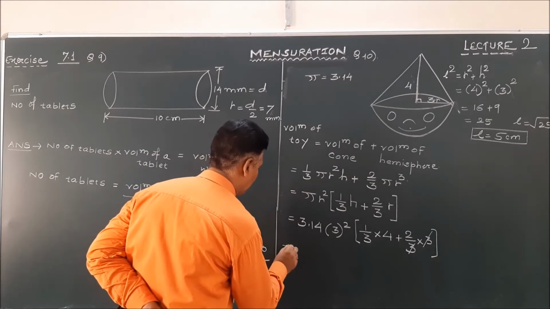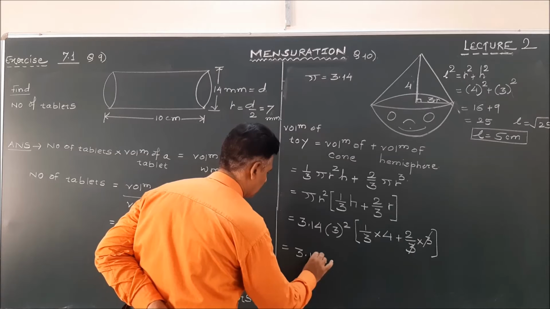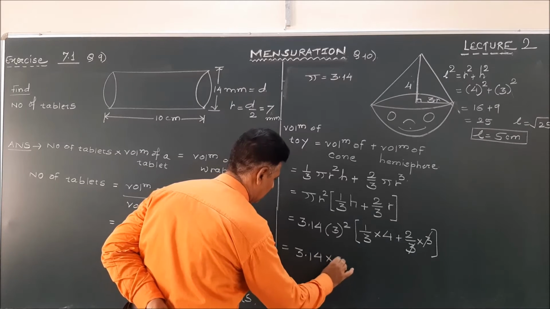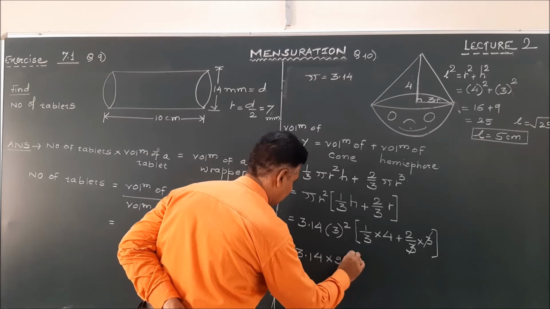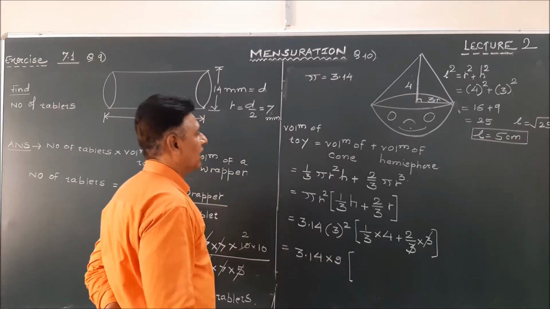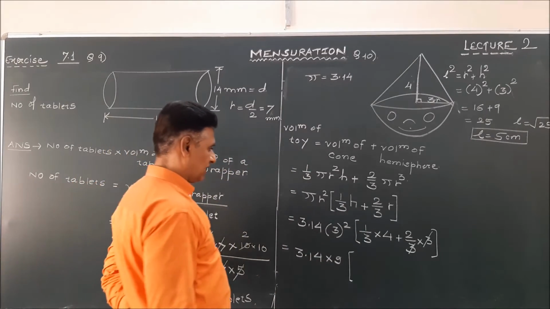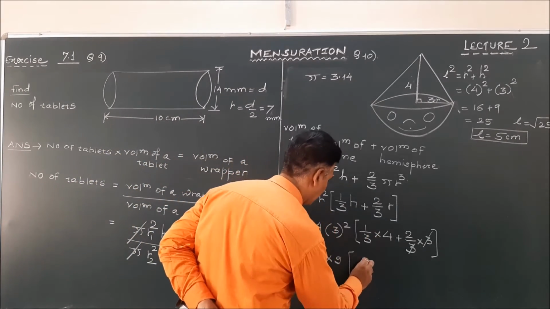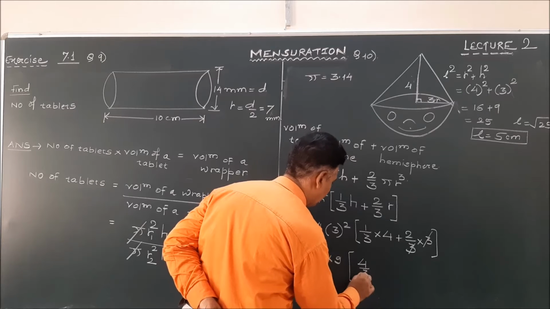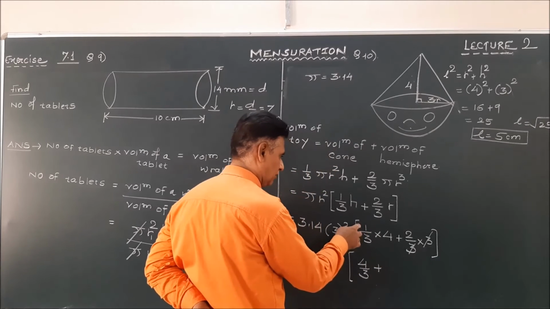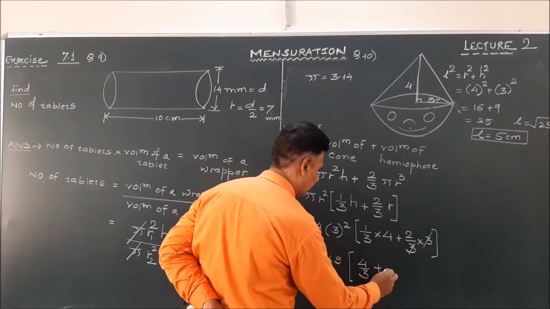Okay. 3.14 into 9, r square is 9. Okay, I have to calculate this. The calculation is as such: 4 ones are 4 upon 3. How many cancel?